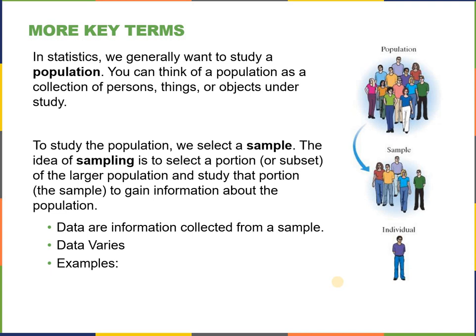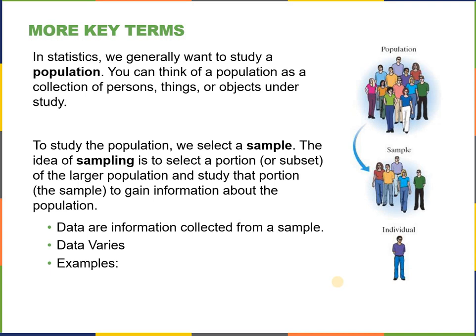It is different from one population to another. It is different from one sample to another. It is actually different from one individual to another. An individual is basically one member of the sample or the population. We call that an individual. Again, that individual doesn't have to be a person. That individual could be a thing or an object.